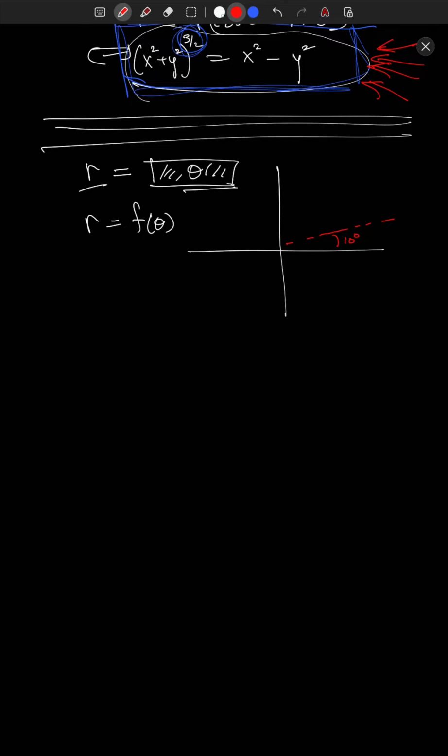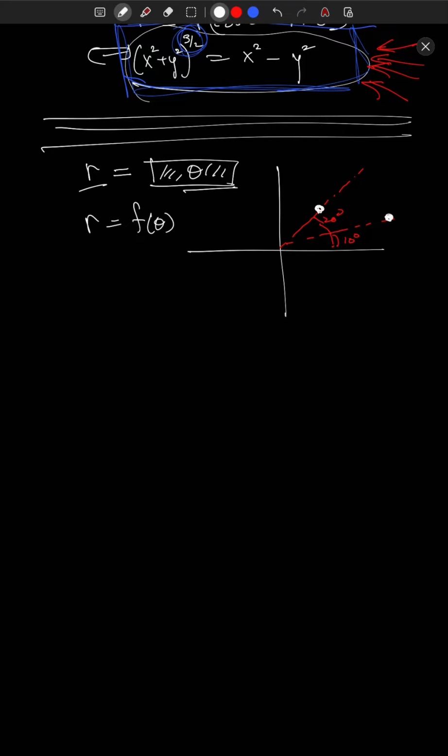Let's say when I do that for this function, the output is 10. Then I would mark that point there, all right? If I put in 20 degrees, here's 20 degrees, then I would put that into my function and get an output. Let's say r is only 5. Then I would mark that point right there, right?